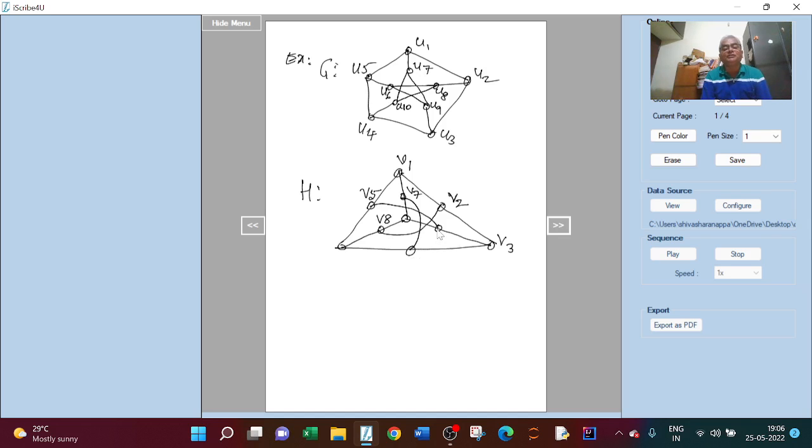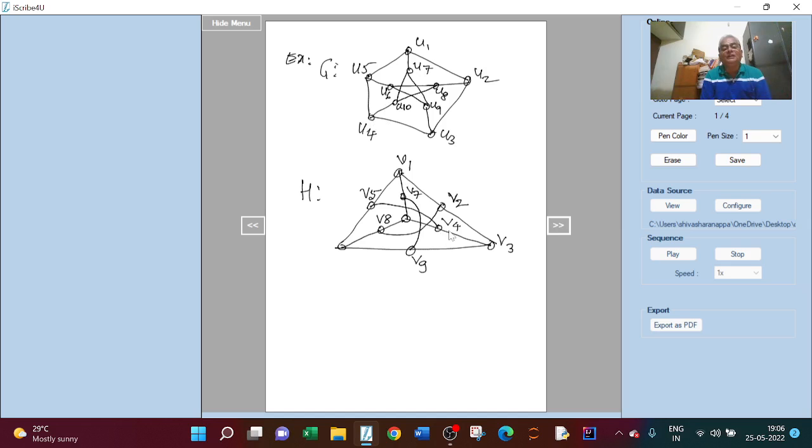Therefore, I will take this vertex as V4, and this vertex as V9. This is V4, and this is our V9. Only two vertices are remaining. Next, U4 is adjacent with U3, U5, so V4 is adjacent with V3, V5, and U10 is there.